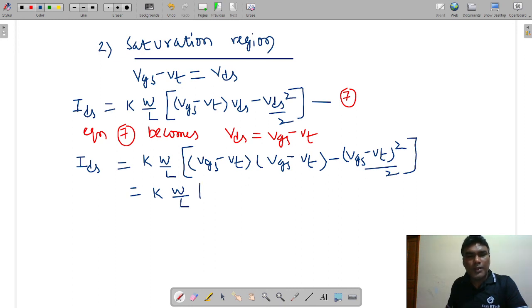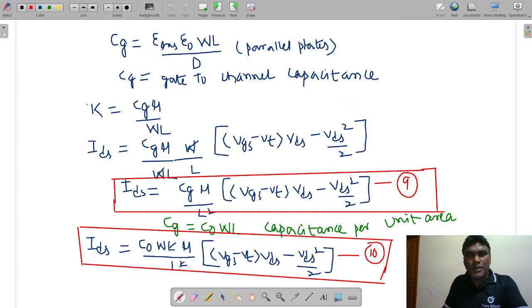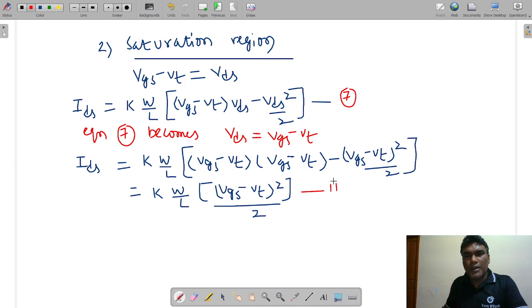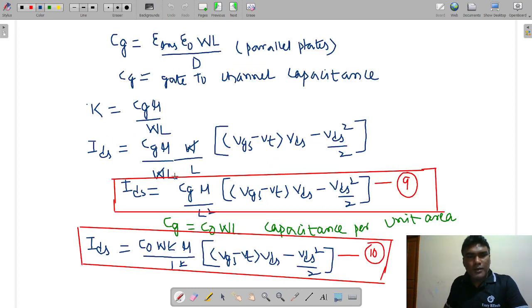So finally I am writing the equation, VGS minus VT whole square by 2. So equation number 7 will become this one. What is the equation number? It is the 11th equation, equation number 11. Now IDS in gate to channel capacitance: we can substitute in place of VDS, VGS minus VT.